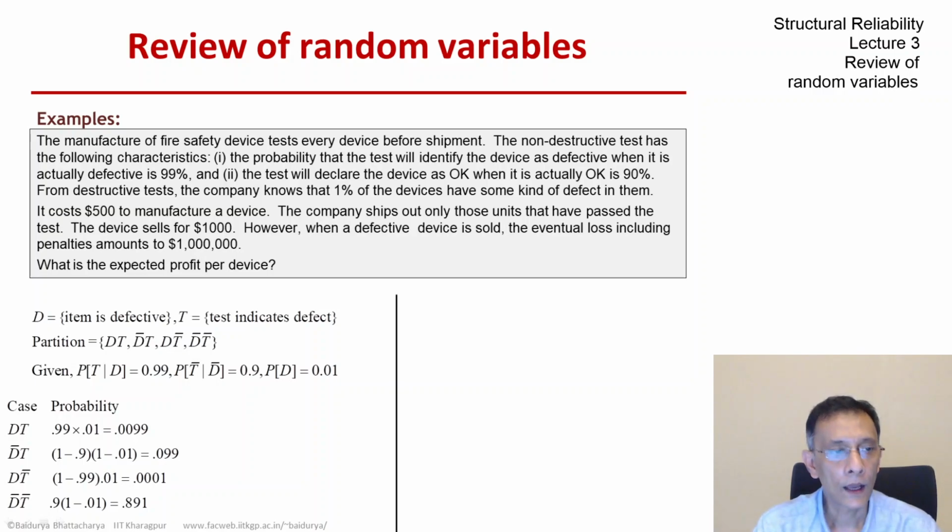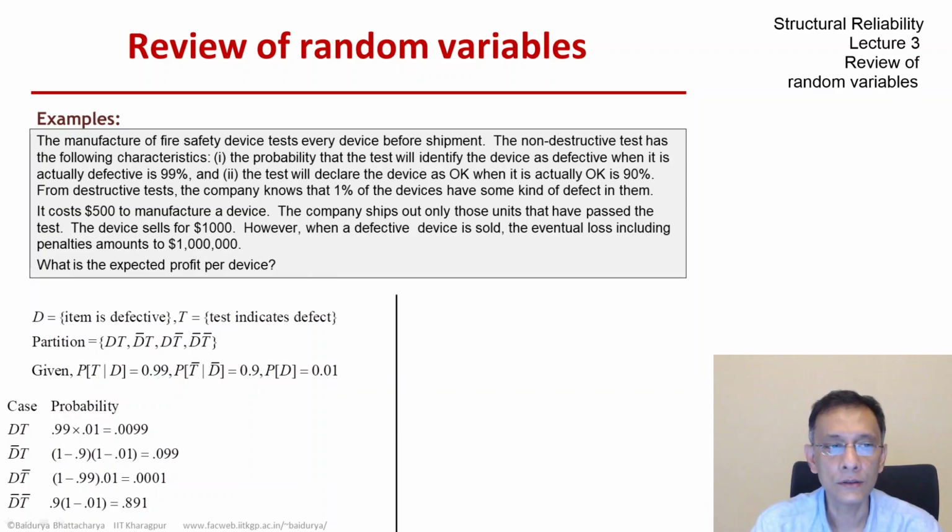So I'm using basically some form of P of AB is P of A given B times P of B. So if you do it carefully, you would arrive at the four probabilities, and one good way to check that your answer is correct is to add these four up and you should get the value of 1.